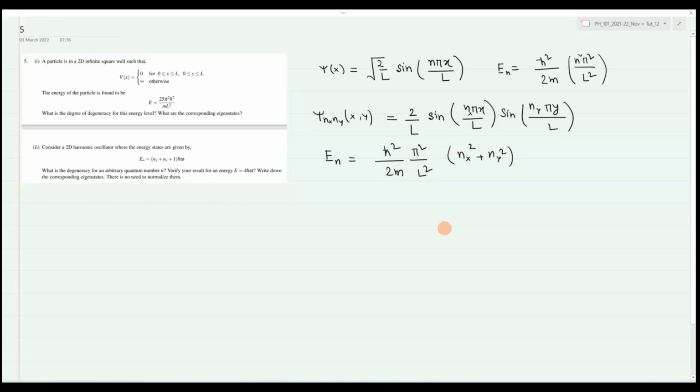Okay. Now we are given that our energy is this much. So if you compare it, your nx square plus ny square will come out to be equal to how much?